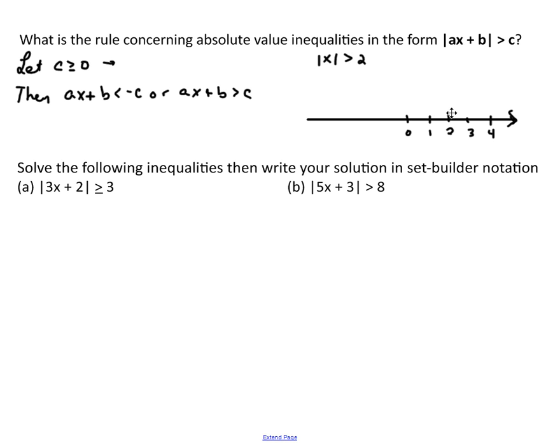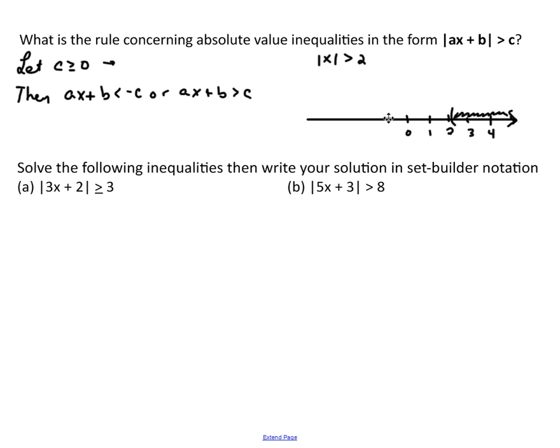Well, certainly any number to the right of 2 is going to make this a true statement. Because if I put in positive 3, sure enough, the absolute value of 3 is greater than 2. If I put in 4, the absolute value of 4 is greater than 2. If I put in 2.01, the absolute value of 2.01 is greater than 2.